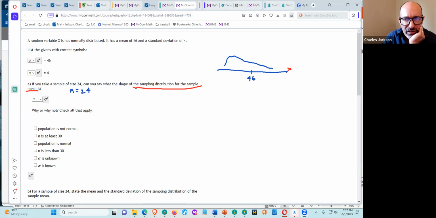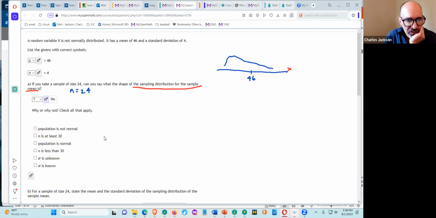Now, if it were 30, then we would just say normal. But because it's less than 30, we're saying no, we don't know the shape of the sampling distribution of the sample mean.